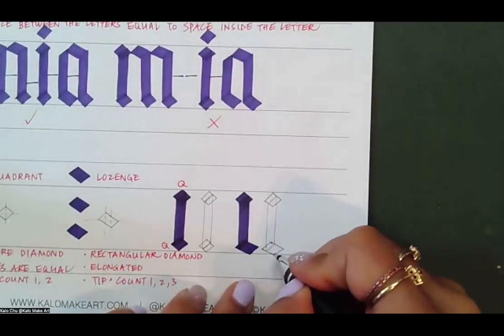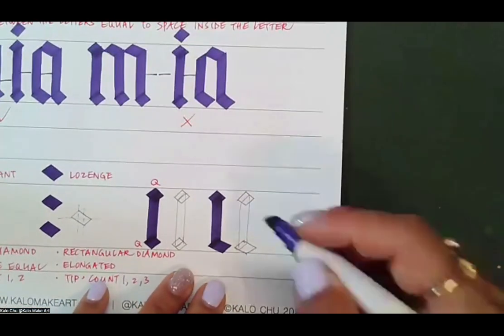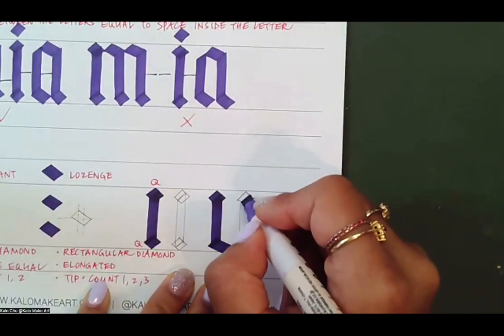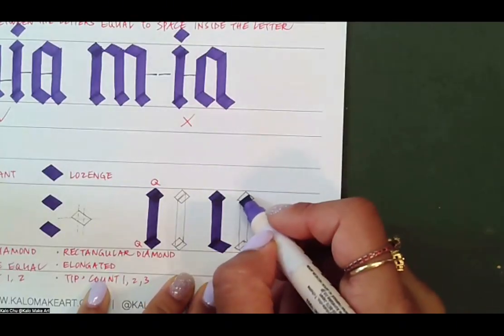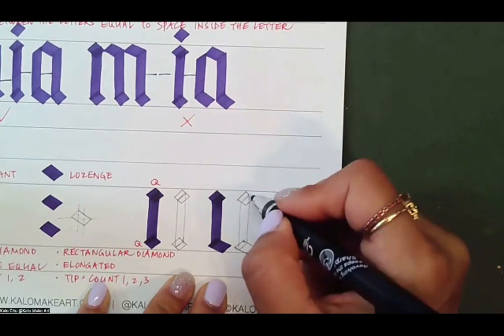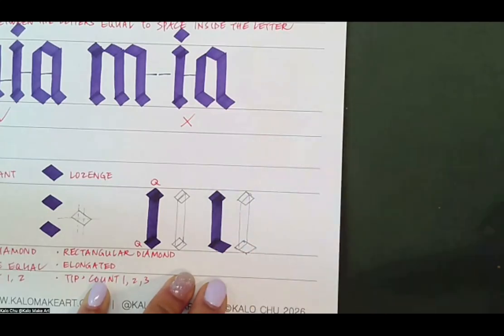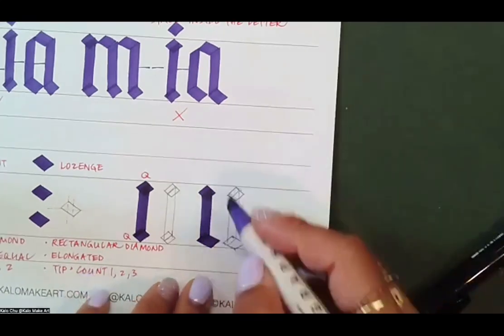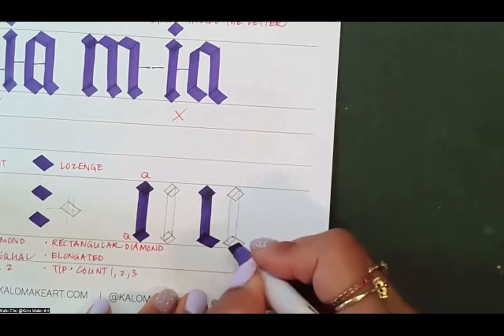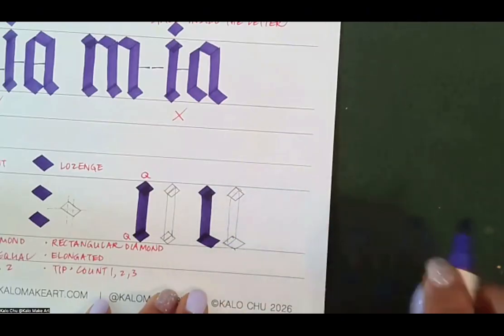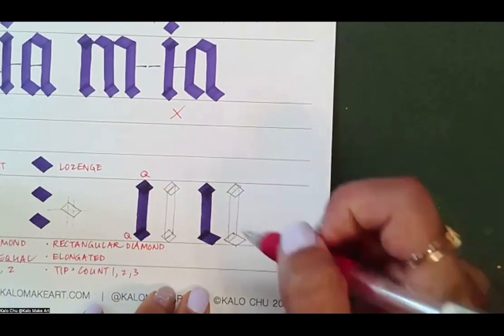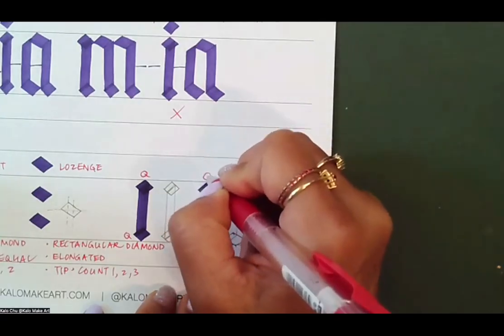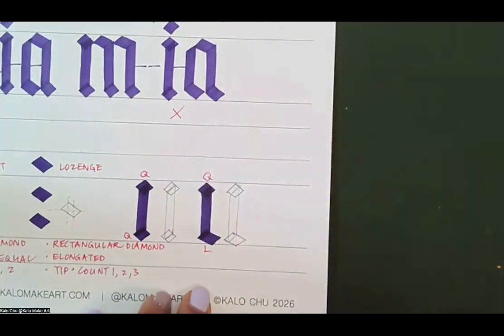Okay. So the relationship is you put the quadrant, find the midpoint of this line here, and then you pull the vertical, then you do the lozenge longer. So count about one, two, three. So that's a quadrant and that's a lozenge.